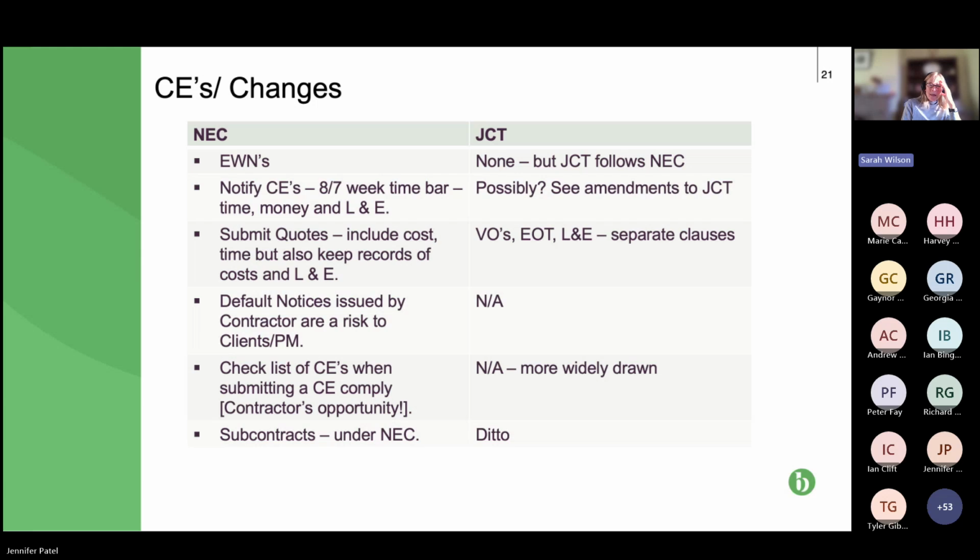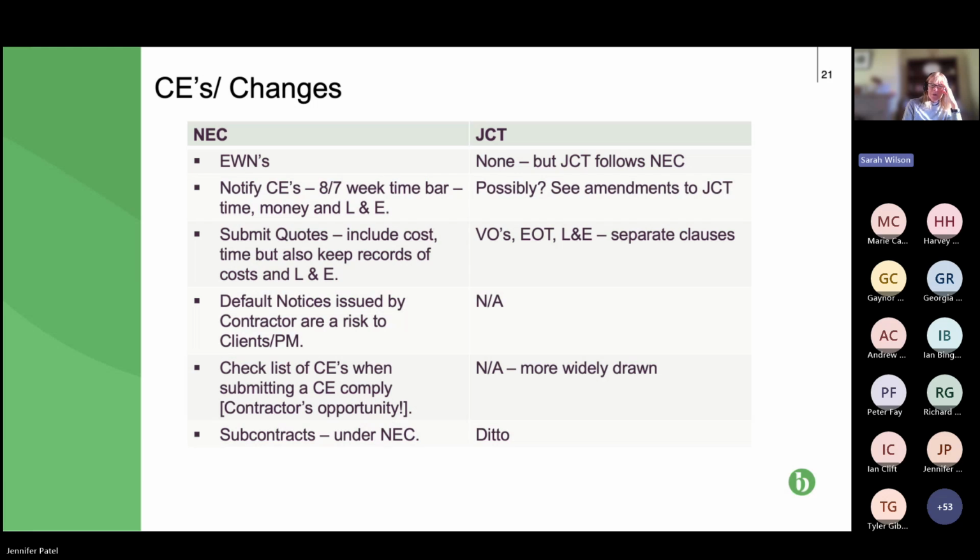But in reality, the case law, which is predominantly the case of Walter Lilly and Mackay, is a little bit more generous to contractors and subcontractors, and says that providing the contract administrator was aware of the issues at the time, then the contractor won't be penalised for not issuing a formal notice.